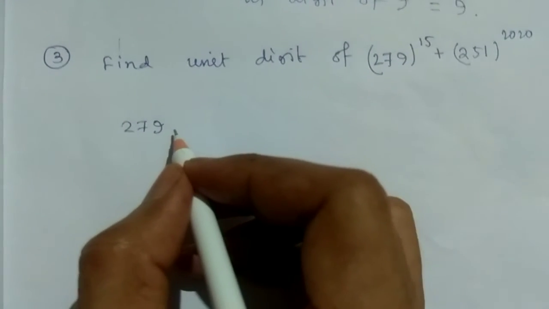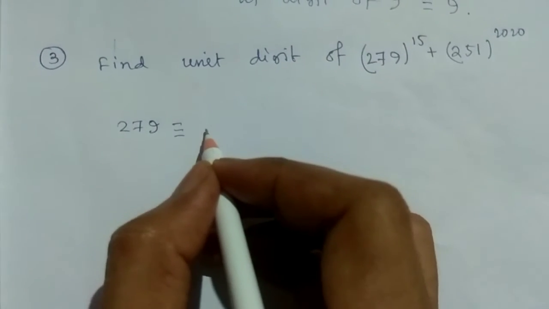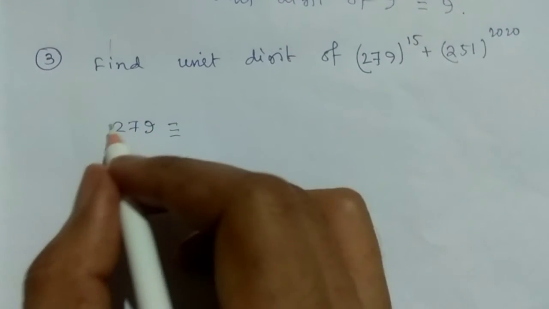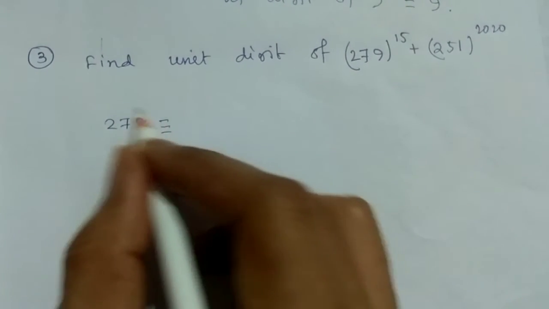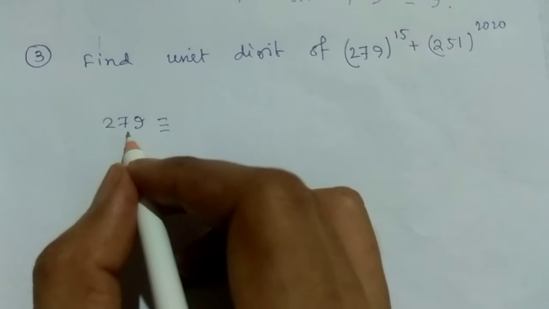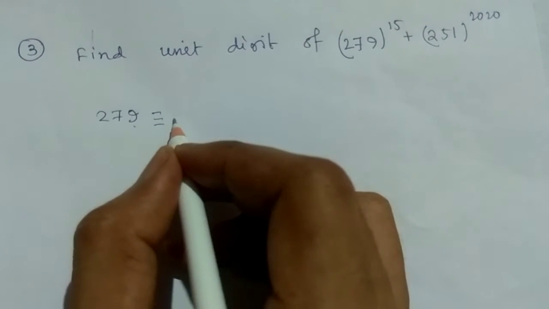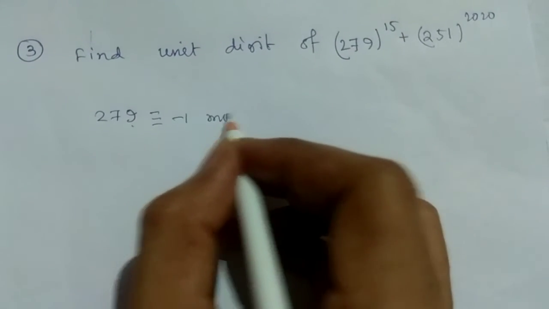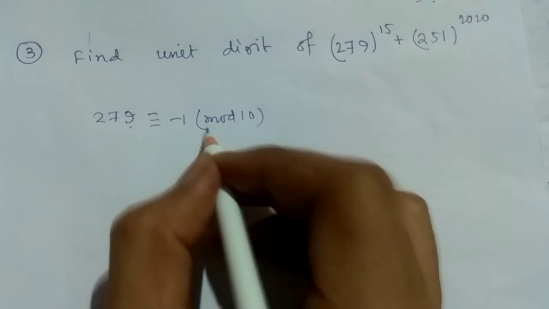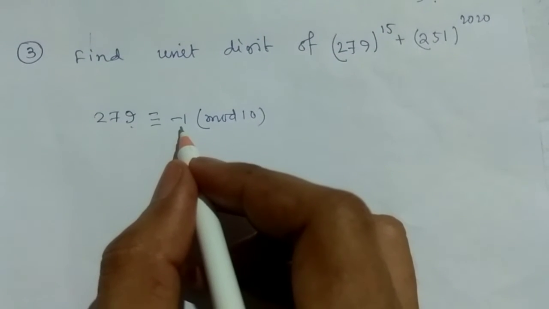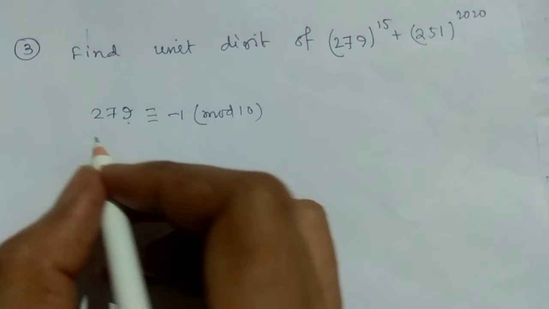We can write 279 as minus 1 mod 10, because minus 1 is equivalent to 9.